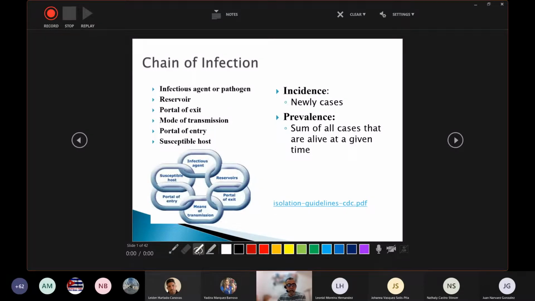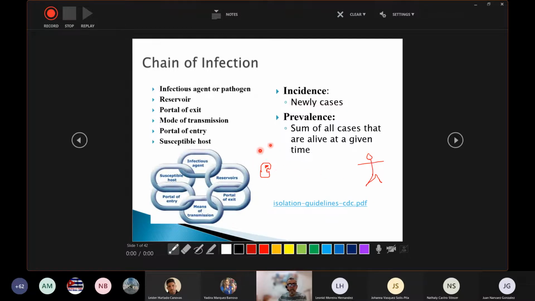So remember that the chain of infection is very easy. You don't need to memorize it. You have here a bug, a stuff that is very bad, and is able to produce a disease in a human. So this is an infection when this bug can go from here to here, producing disease.